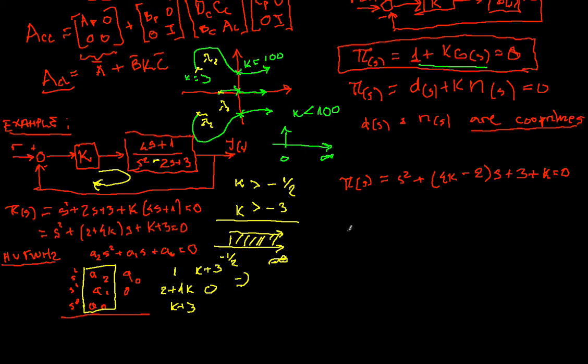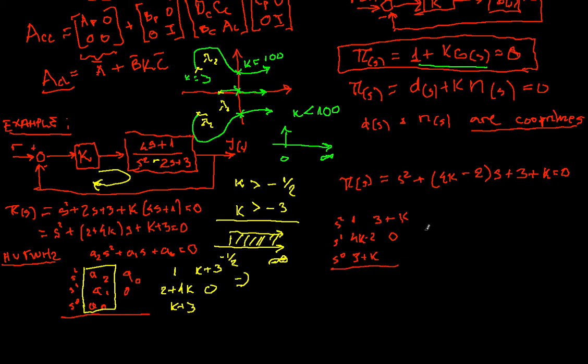Again, for the Hurwitz table, we have s squared, s1, s0. We will have here 1, 3 plus k, then 4k minus 2, 0, and 3 plus k.